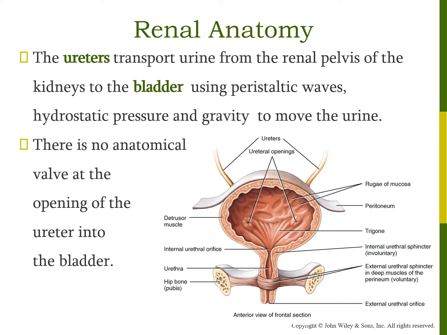The mucosa of the bladder is lined with transitional epithelium. Note that the bladder collapses when it is empty and is located within the pelvic cavity. As the bladder fills with urine, it becomes more balloon-shaped and extends up into the abdominal cavity.